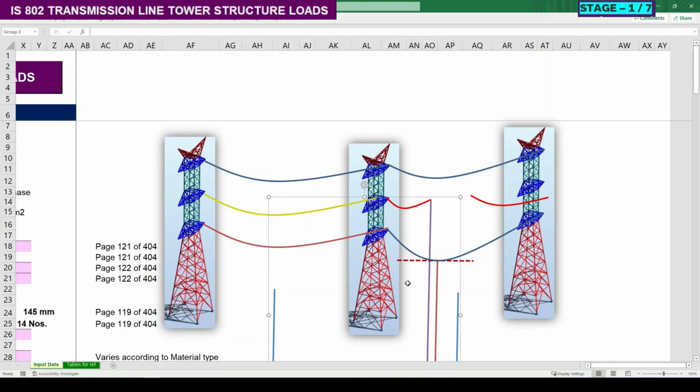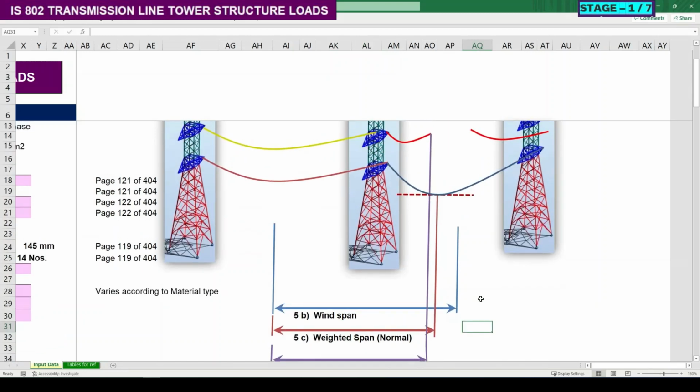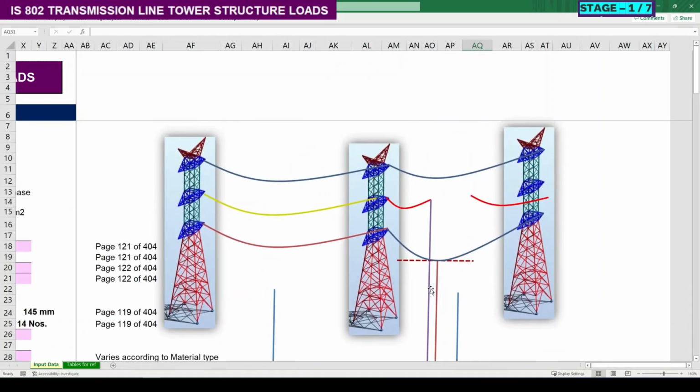So half of that. Similarly, for weight span, we need to consider exactly the datum line of the conductor on both sides. For example, on the left hand side, the conductor span is exactly in line with the middle of the conductor. The sag level, that is the bottom lowest level of the conductor, is exactly at the mid, because these 2 towers are lying in the same plane.